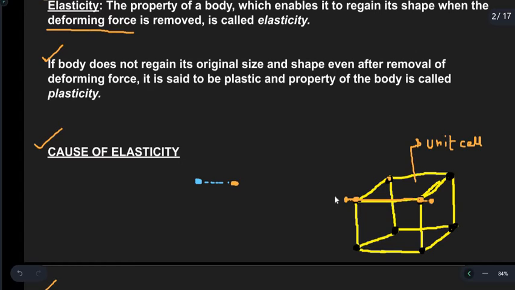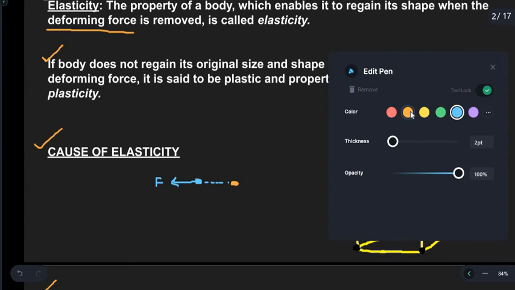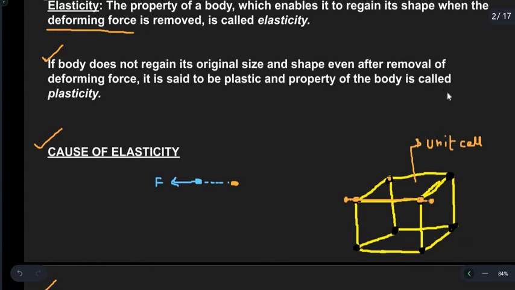Now what happens? The deforming force is acting towards this direction, F. But when I am removing the deforming force, how can the body regain its original position?